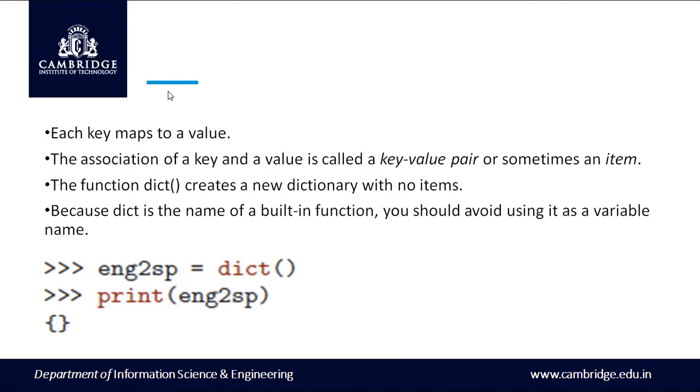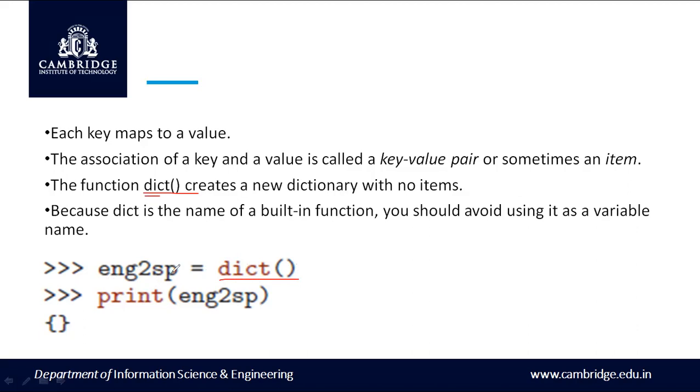So here you can see the function dict creates a new dictionary with no items, that is an empty dictionary. Again, this is a keyword and a built-in function, so we should avoid using it as a variable name. So here we are going to define a new dictionary using dict, which creates an empty dictionary.